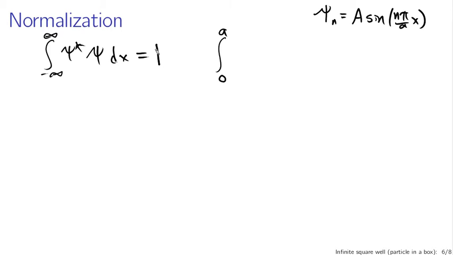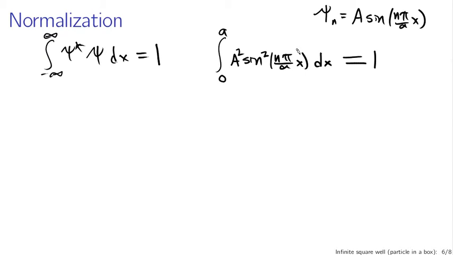So I can write down psi star psi now, and that's going to give me A squared sine squared n pi over a times x, integrating dx. There's no real reason for complex conjugates here, since this is a purely real function. So the integral just ends up looking like this. And this has to equal 1 if the wave function is going to be treated as a probability distribution.